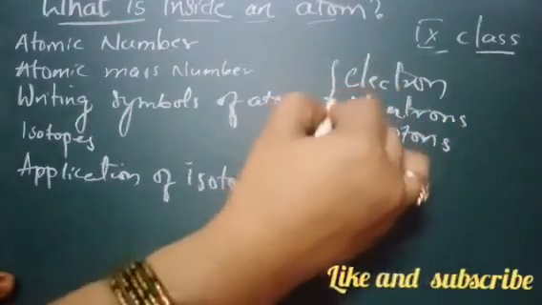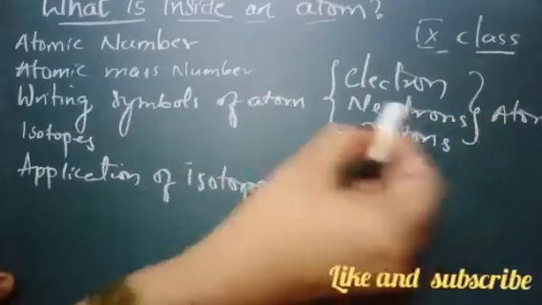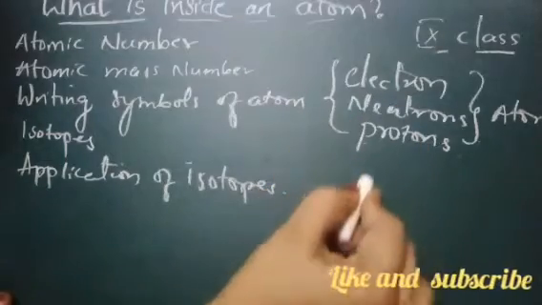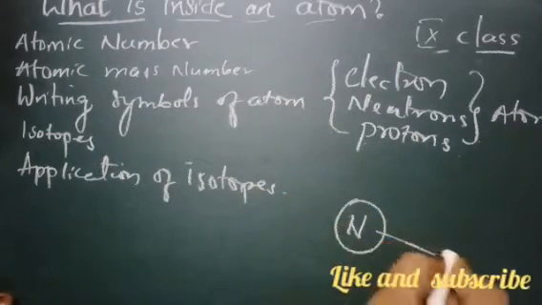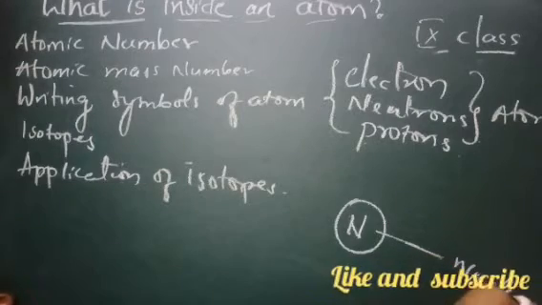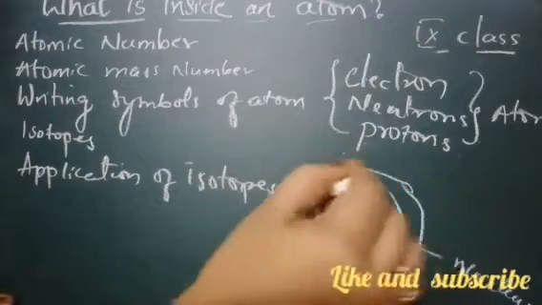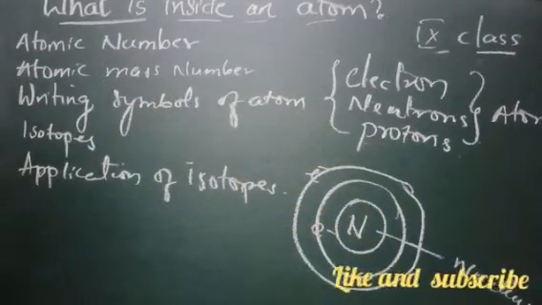These are the three subatomic particles present in the atom. Neutrons and protons together form the nucleus, whereas electrons revolve around the nucleus.